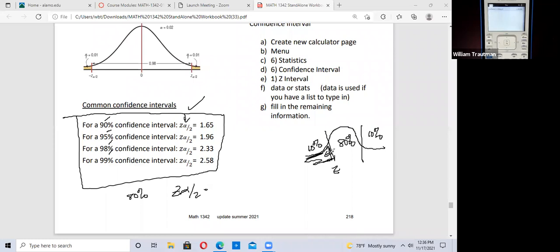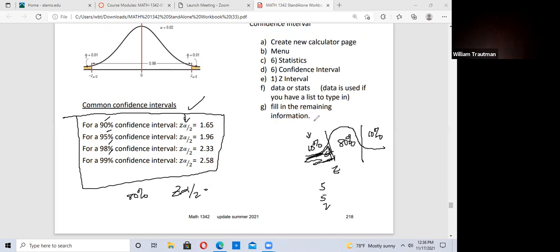And when you find a Z value, it's to the left, using menu 553 at 10%. So let's try that on our calculator. We're putting in 10% because we want to find the Z value where the area to the left is 10%.